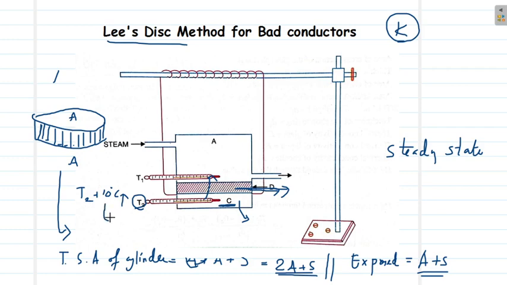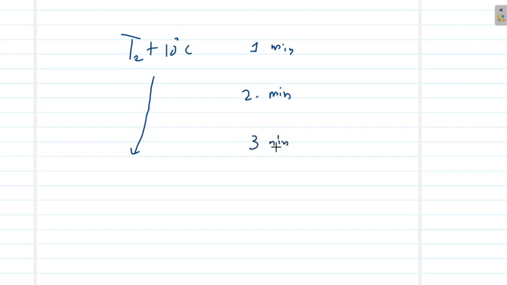Then its temperature will fall from T2 plus 10 degrees Celsius back to room temperature. And we note down the temperature at different times. So we had increased the temperature to T2 plus 10 degrees Celsius and from there the temperature is falling, and we note down the temperature at different times, say 1 minute, 2 minutes, 3 minutes and so on.